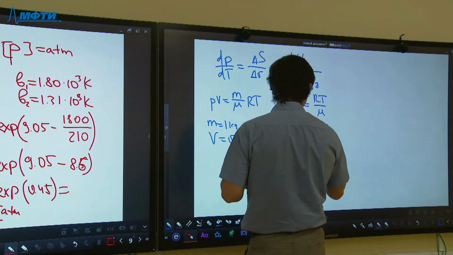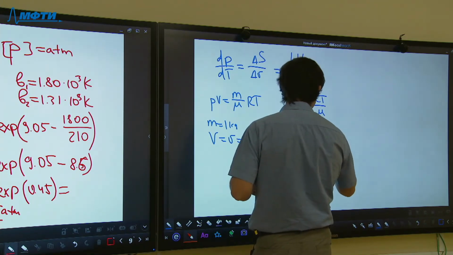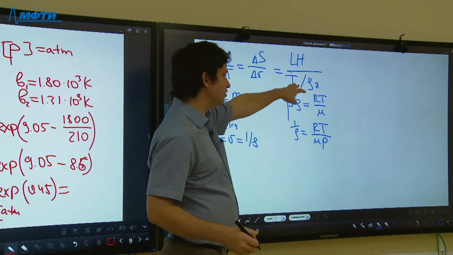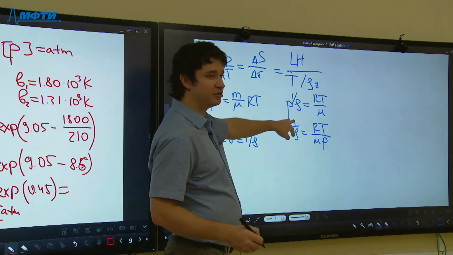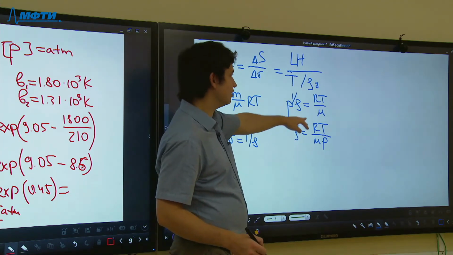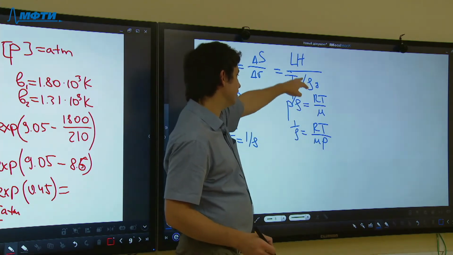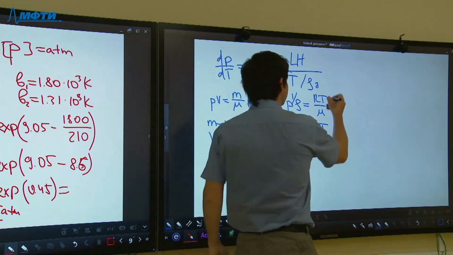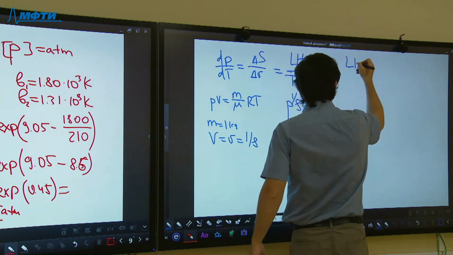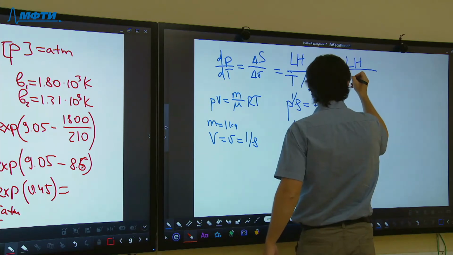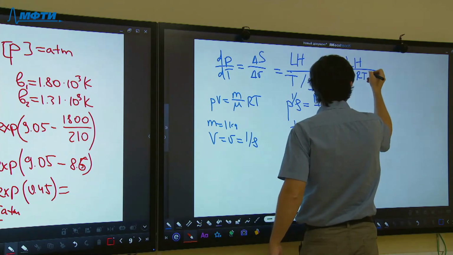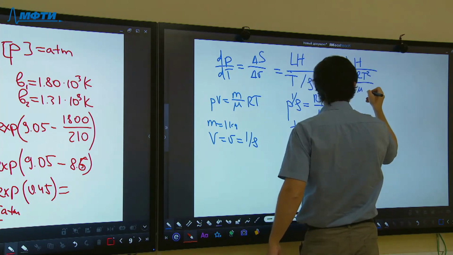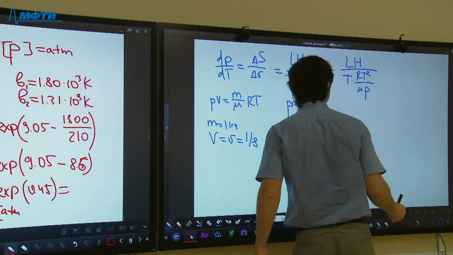So 1 over the density is RT over mu P. In here I have 1 over density, so I don't even need to calculate exactly the density. I just can plug it exactly into this denominator. So I would have LH over T times RT squared over mu P.